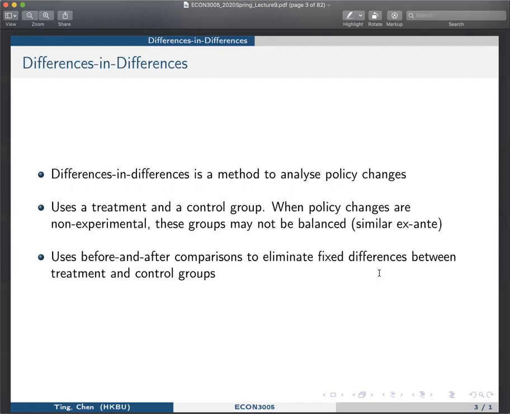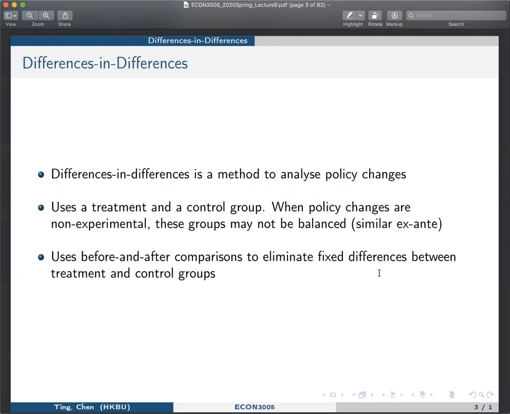But remember, when we introduced the experiment method, we said one of the weaknesses of using experiments to tell the effects of a treatment is that we have to ensure the pre-treatment difference between the treatment group and control group does not exist.